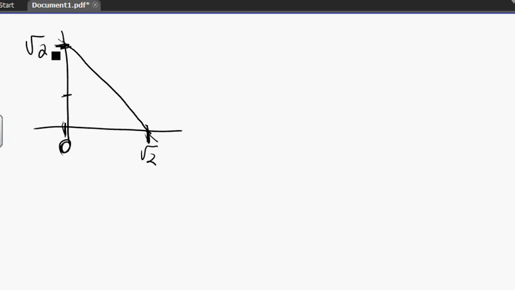The area of a triangle is 1/2 base times height. Okay, area has to equal 1.